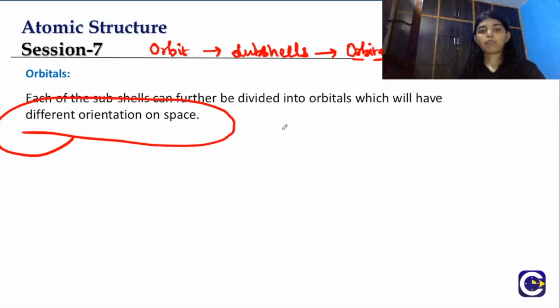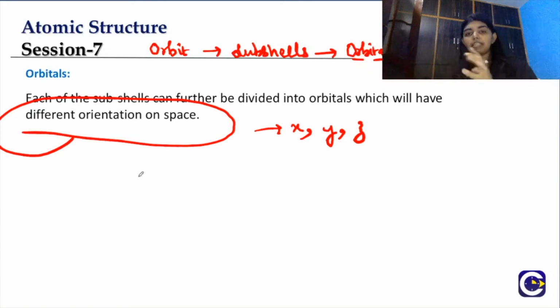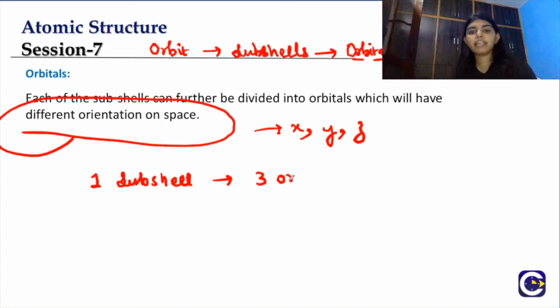That means one will be present in the x direction, one will be present in the y, or one in the z, based upon the type of orbital. But here comes the twist: all orbitals of one subshell, for example 3 orbitals, will be degenerate.